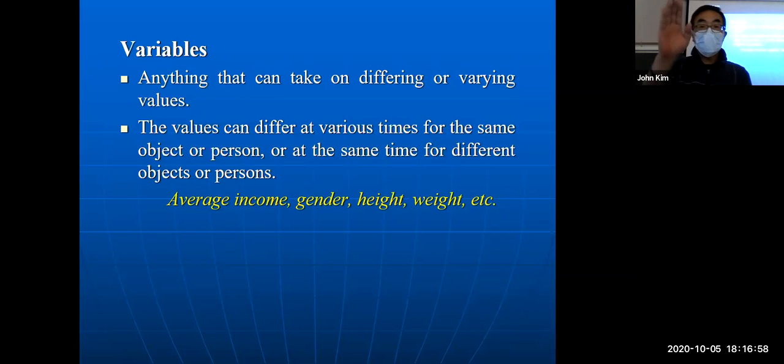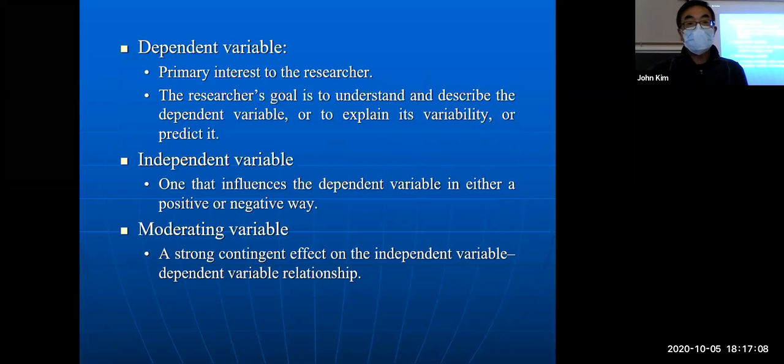So explaining the characteristics of a certain group, that is variables. There are two types of variables, dependent variable and independent variable. Using the dependent variable, find the independent variable.